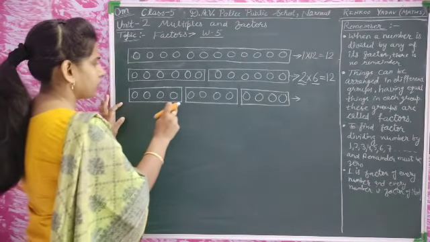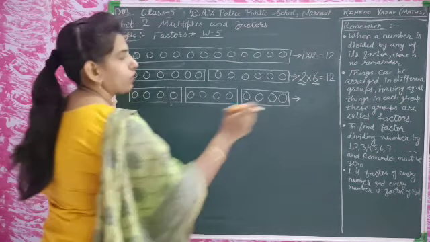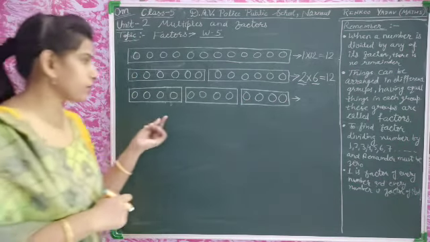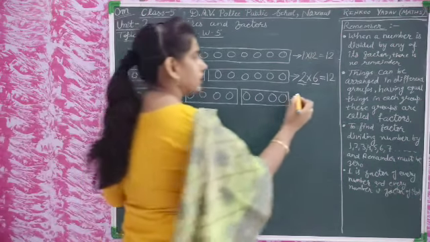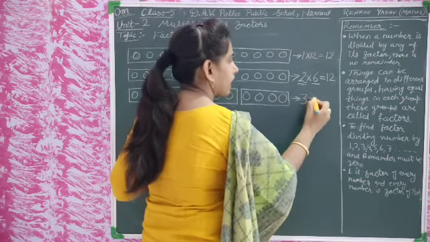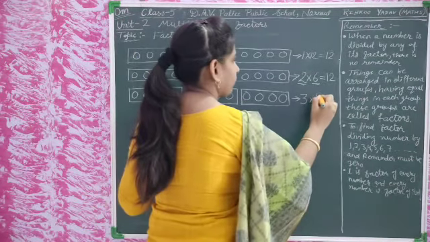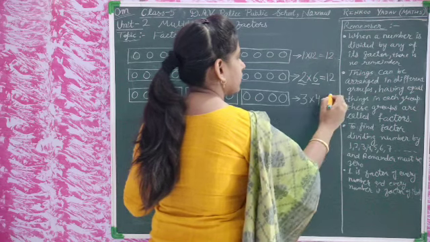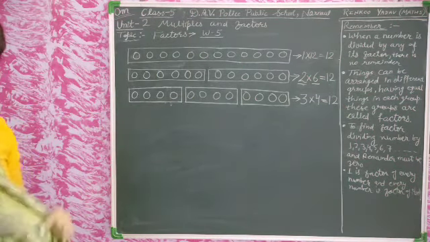Total is 1, 2, 3, 4, 5, 6, 7, 8, 9, 10, 11, 12. 12 things are there. It means we can divide into three groups here. In three groups, how many in each group? 4. It means 3 fours are 12. Yes, we know about the table.